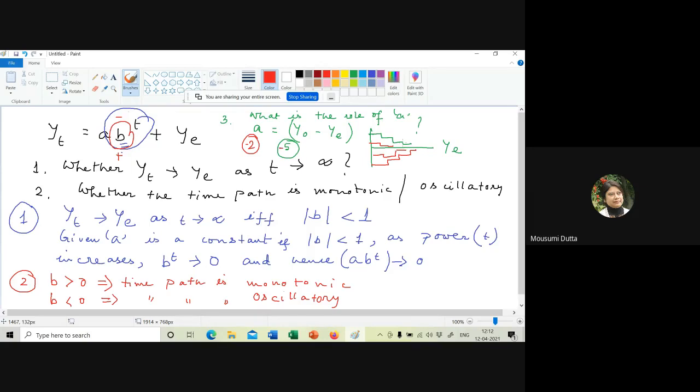Any question regarding roles of A and B? Any question, any kind of question, please ask me.